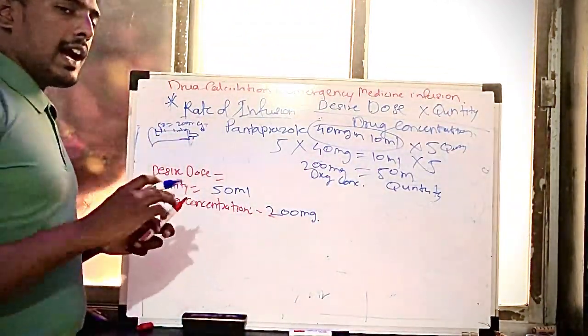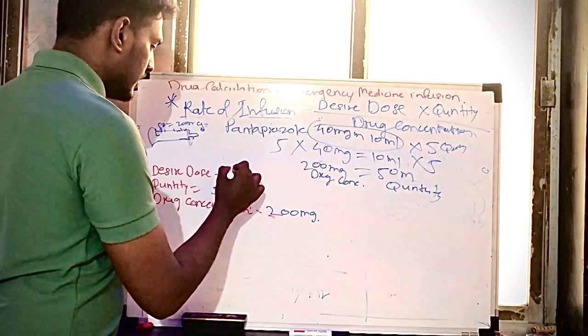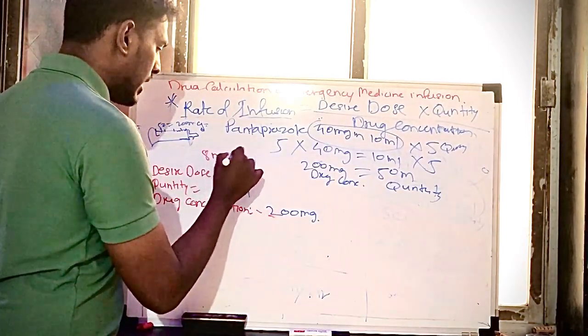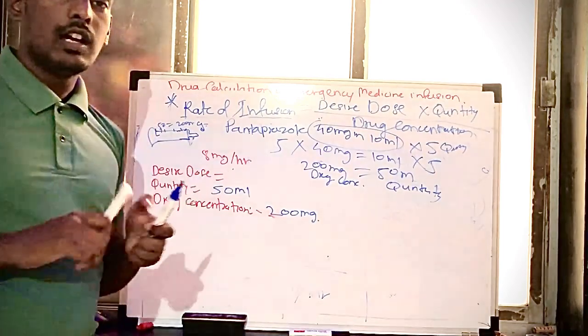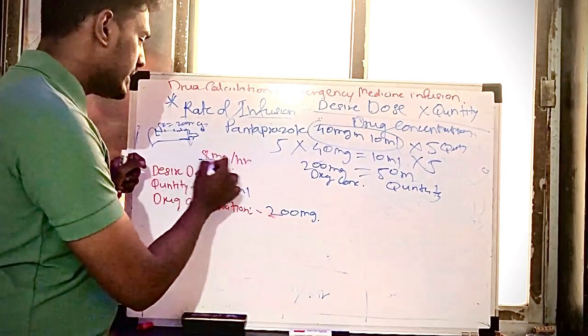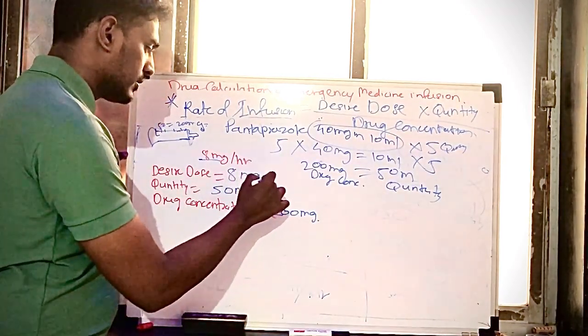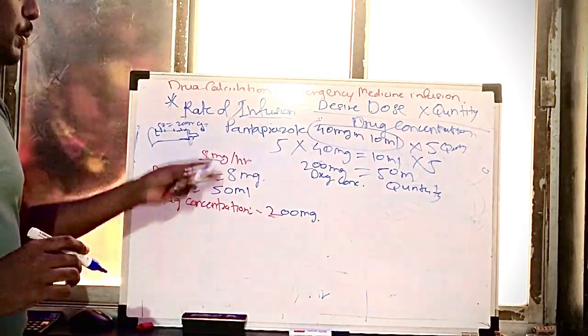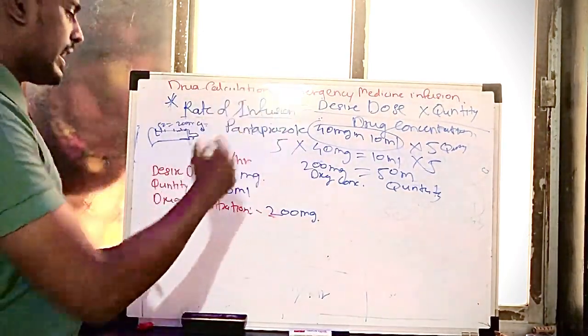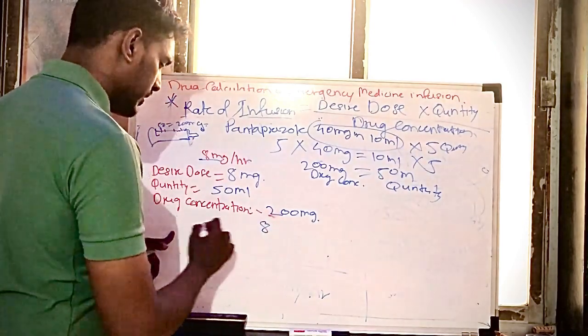Okay, now the doctor asks you to start 8 mg per hour pantoprazole. How are you going to start? We have the desired dose, 8 mg. Just put it in that equation. What is the desired dose? 8 mg, rate of infusion.